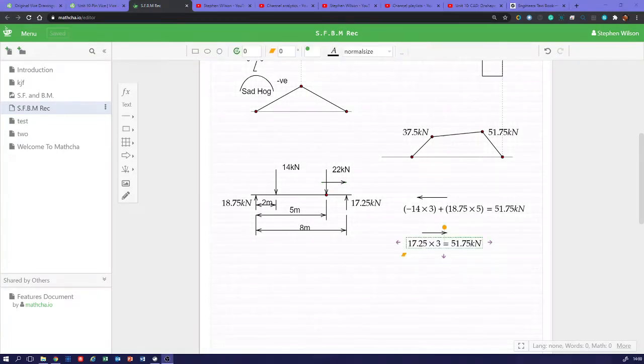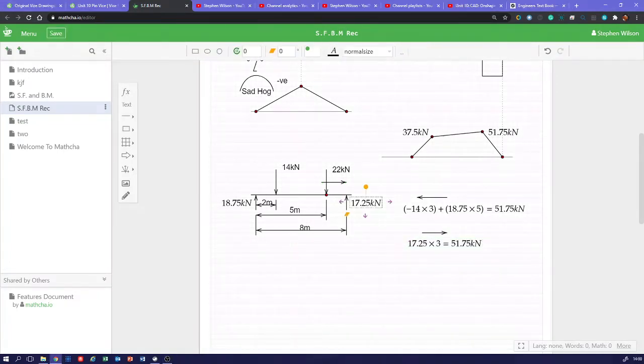And as we can see, that would be 17.25. That's that force there. We're going to the right, remember. 17.25 multiplied by 3 meters, which is 51.75. So hopefully that's shown that it doesn't matter whether we go to the left about the point we're taking moments about, or to the right, we end up with the same answer.